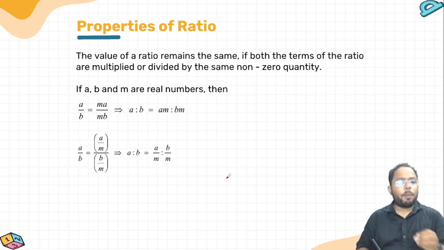Now, properties of ratio. The value of a ratio remains the same if both the terms of the ratio are multiplied or divided by the same non-zero quantity.